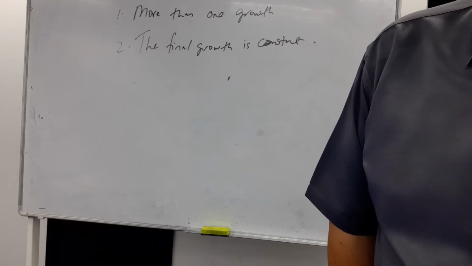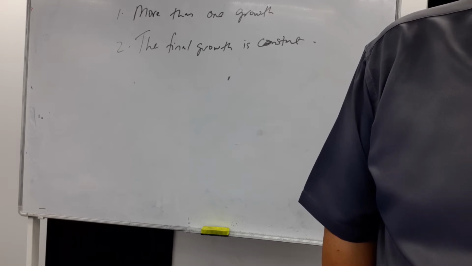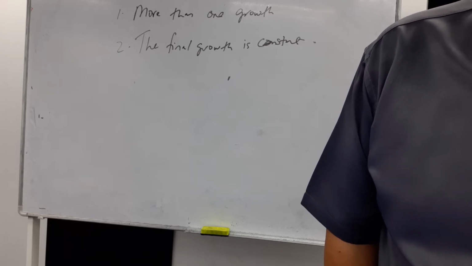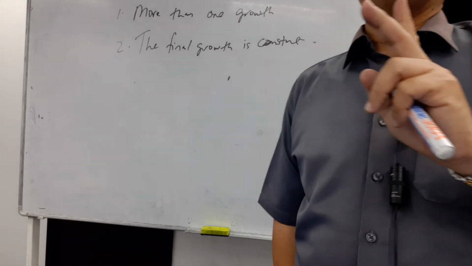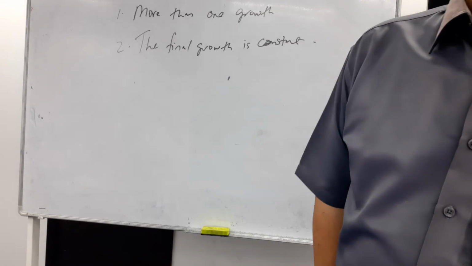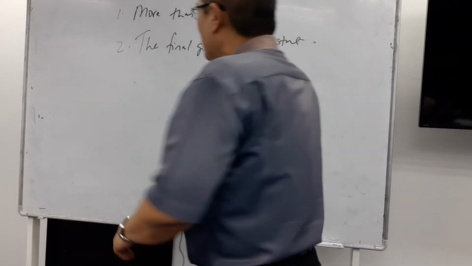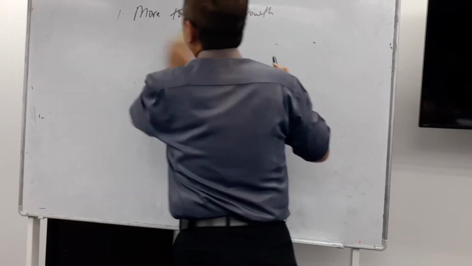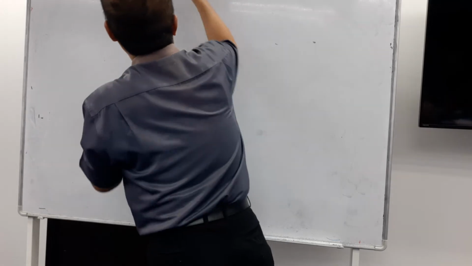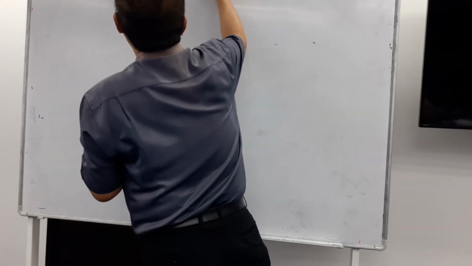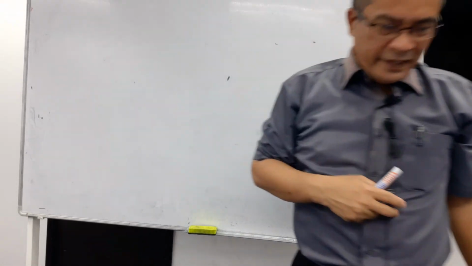Assume that CSCO had a 53 cent dividend in 2000. So is this 53 cents D1 or D0? D0. So D0 is 53 cents.